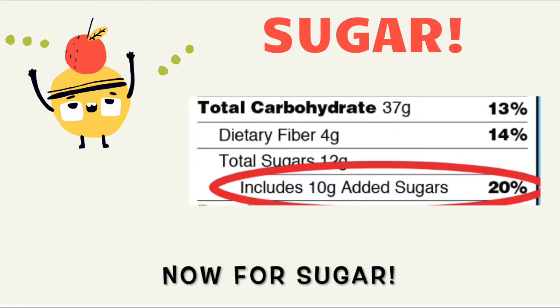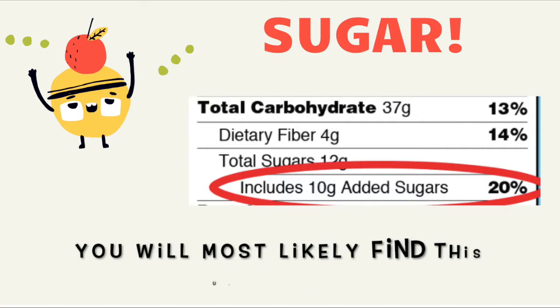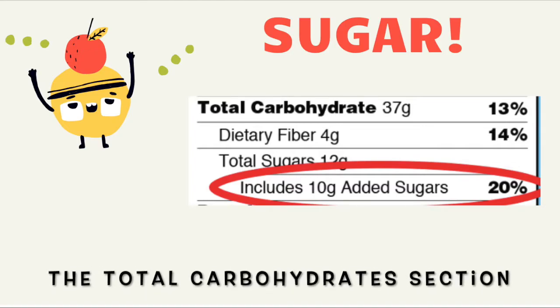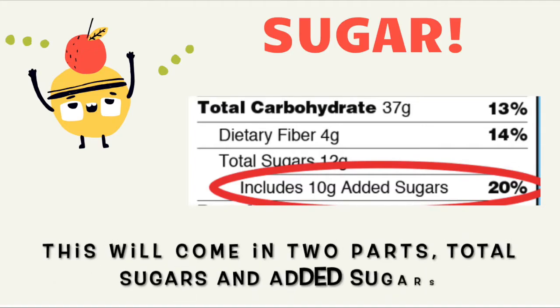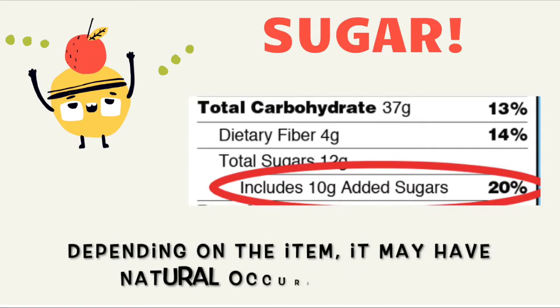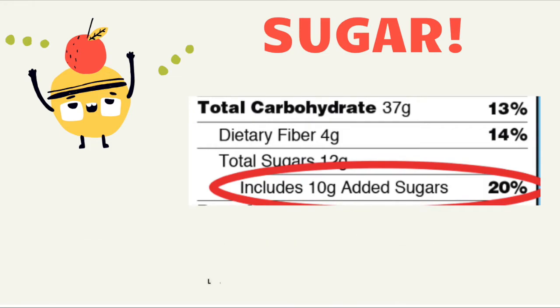Now for sugar. You will most likely find this underneath the total carbohydrate section. This will come in two parts: total sugars and added sugars. This number can sometimes be different. Depending on the item, it may have naturally occurring sugars, like fruit.